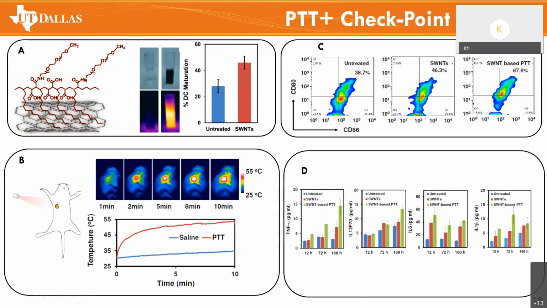Mice were sacrificed at 96 hours after radiation, and the maturation status of dendritic cells inside the tumor-draining lymph node was checked by flow cytometry. It was found that single-wall carbon nanotube-based PTT treatment could increase dendritic cell maturation in the lymph node much more than single-wall carbon nanotubes by themselves without any radiation.